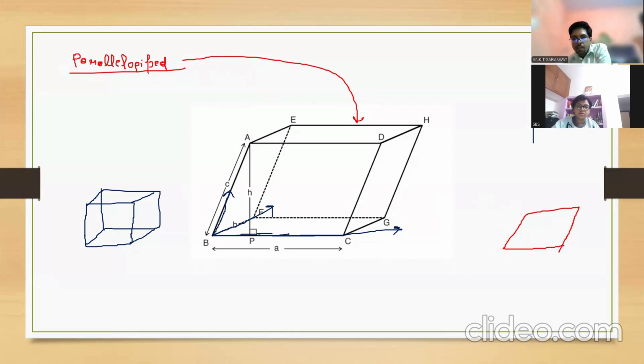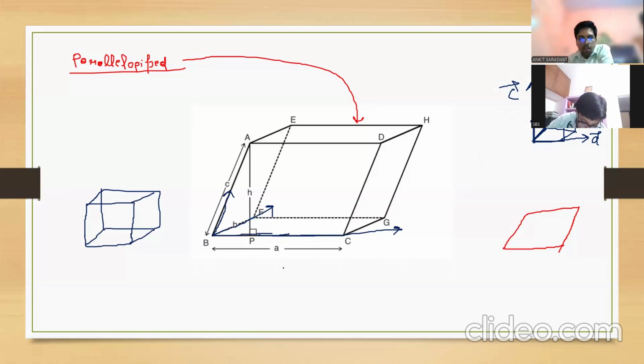If it is like this, that shape is also a parallelepiped, but in the general case I am taking this. Two vectors lie in the same plane and form the base. Clear?